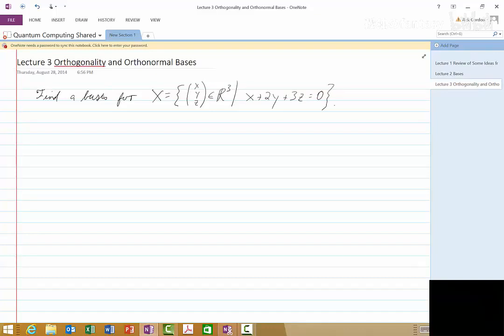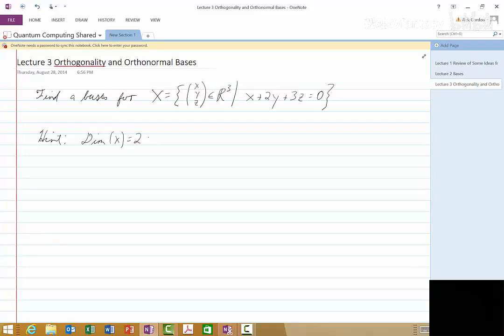And I gave you a hint, which was that the dimension of X is equal to 2.